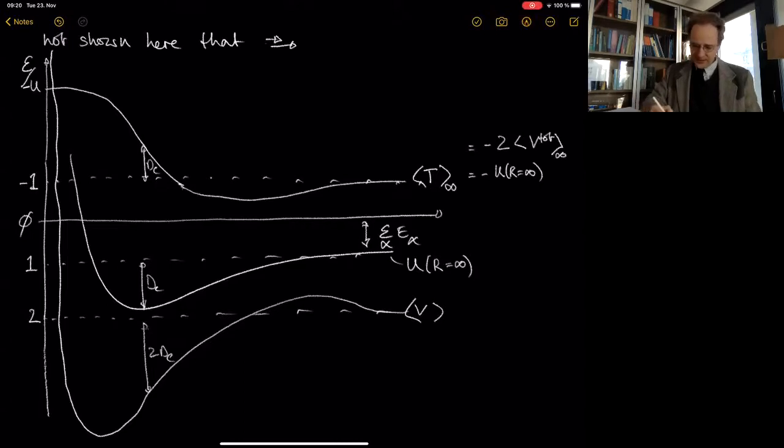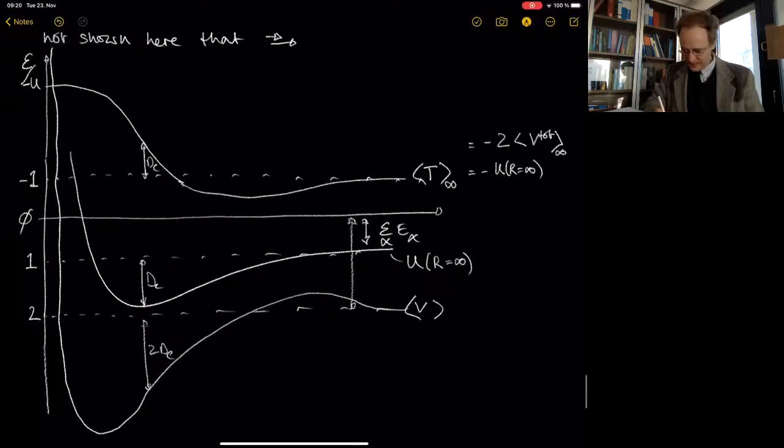And so this is, of course, what you then see as you go from here to here. This is V tot at infinity. So the potential energy of your system at infinite distance is twice the total energy of the dissociated system, and half the opposite sign of the kinetic energy, right?